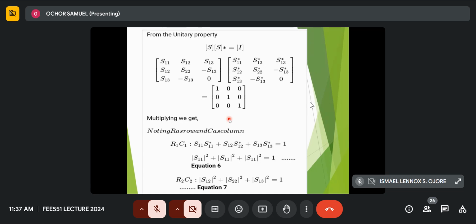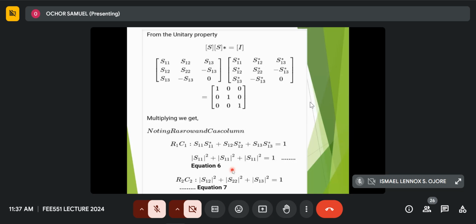Now, if you multiply a number by its conjugate, you can just take the magnitude squared, because the magnitude of a number and its conjugate is the same. So equation 6 is S11 squared plus, the second term should not be S11, it should be S12 squared, and the third one should be S13.